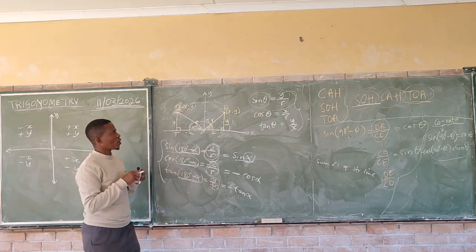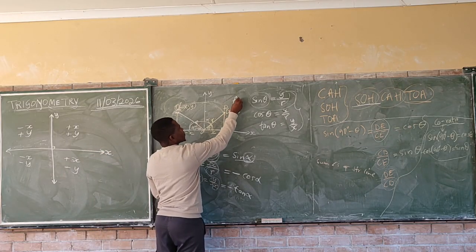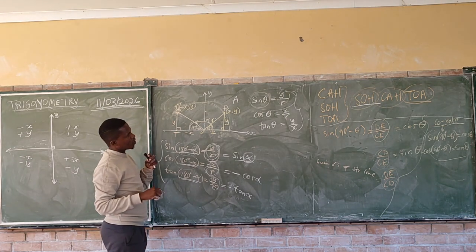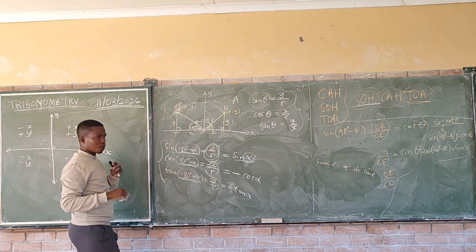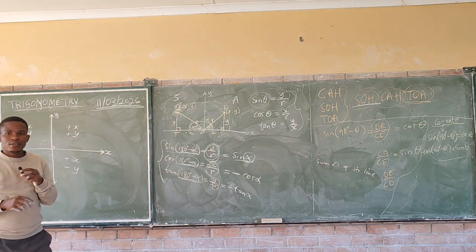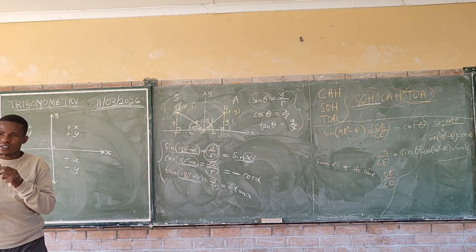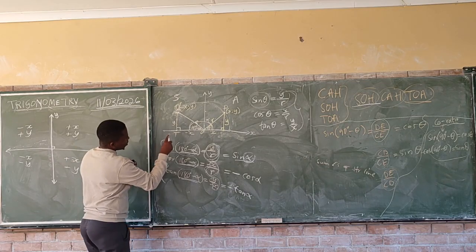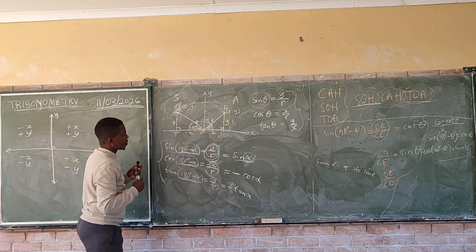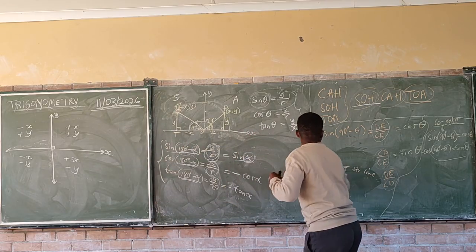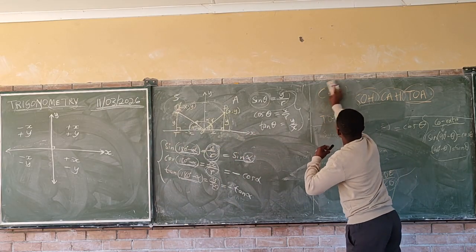That's why in the first quadrant all functions or ratios are positive. In this one we only have sine. So we're only writing the ones that are positive. The one that is not there, it means it will be negative. Okay? Now this will continue to the third quadrant. Let's see what we have in the third quadrant.